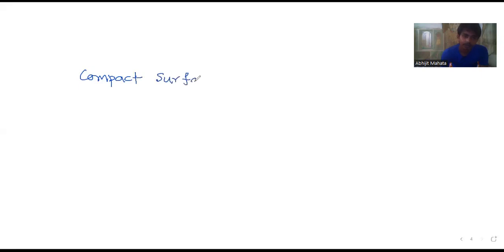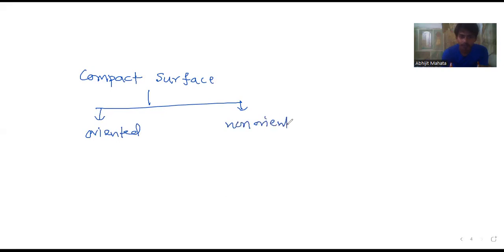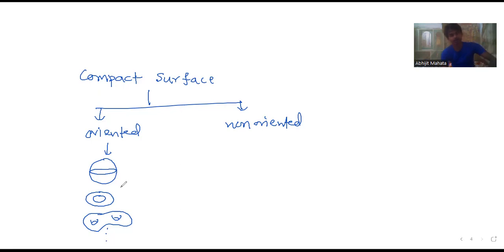We can divide compact surfaces into two parts: one is oriented and one is non-oriented. In the list of oriented surfaces, first will be the sphere, then the torus, and then a double torus, which has two holes, and then it keeps going. These are the list of oriented compact surfaces.